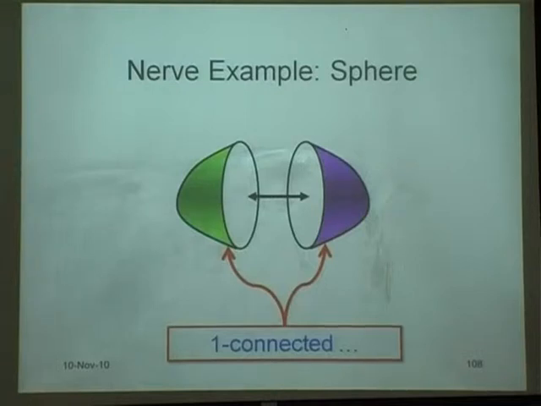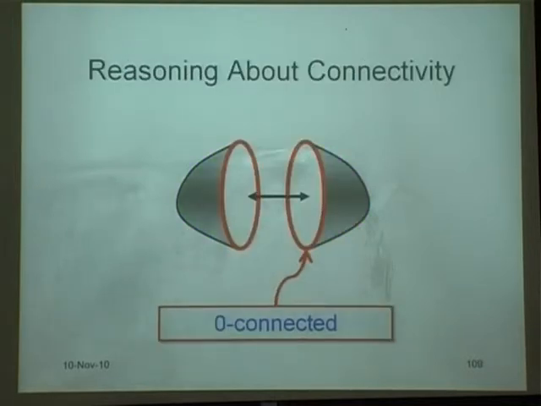Example of a simple application. So here, remember, we have our covering of the nerve, and each hemisphere here is one-connected. You know, if you put a string on it, you can fill it into a disk. Each intersection, there's only one, is zero-connected.